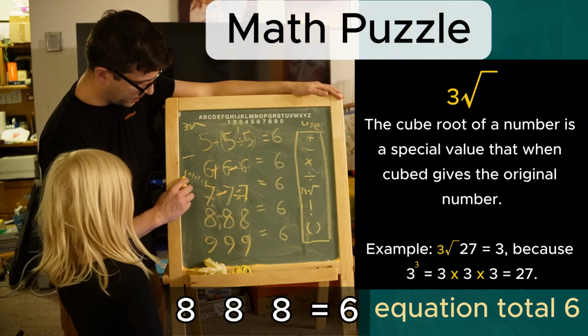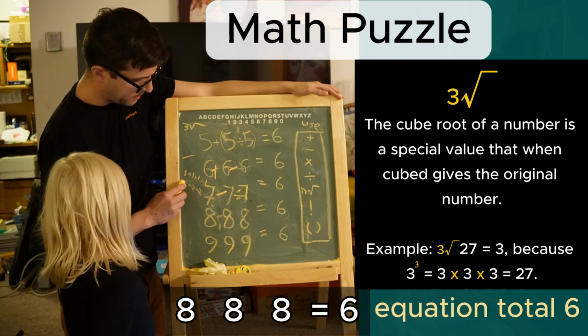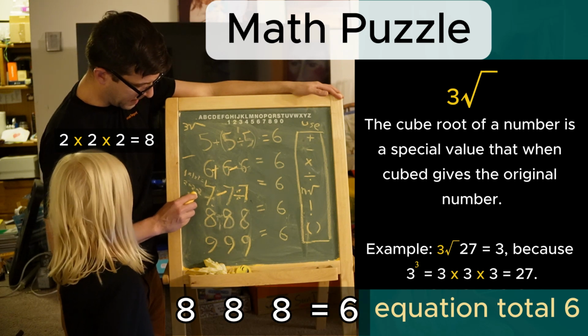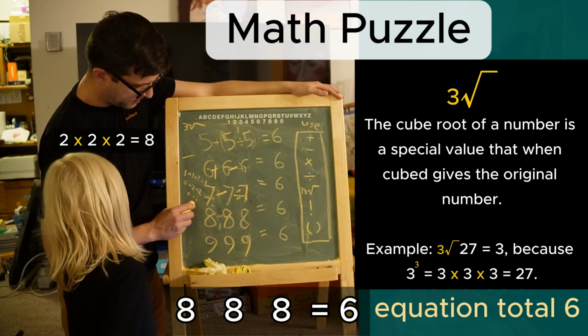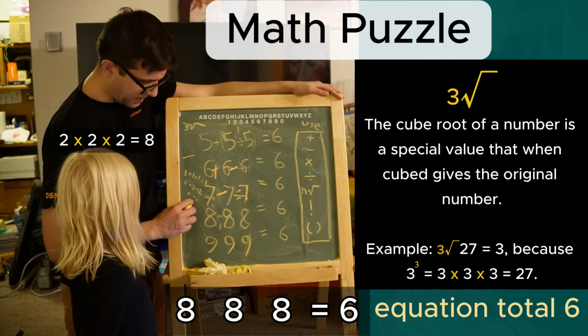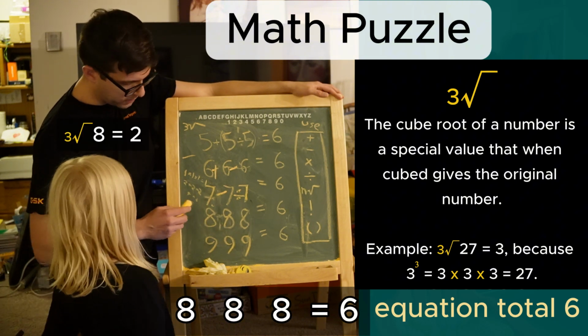Now if we did 2, we do 2 times 2 times 2. 2 times 2 is 4, and then 4 times 2 is 8. So actually, the cubed root of 8 is 2.